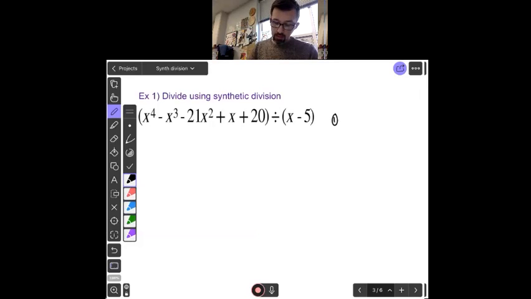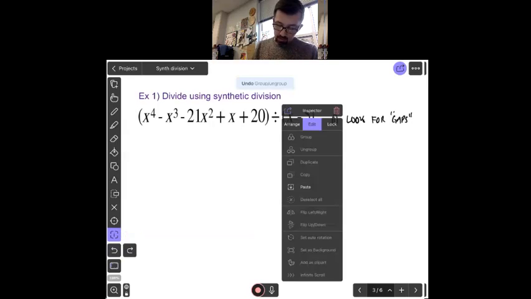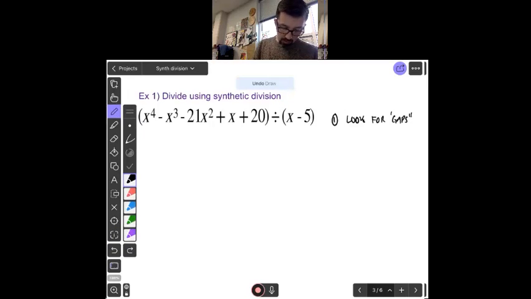So step 1 is what I call check for gaps or look for gaps. The gaps thing is kind of my terminology, so just be aware of that.